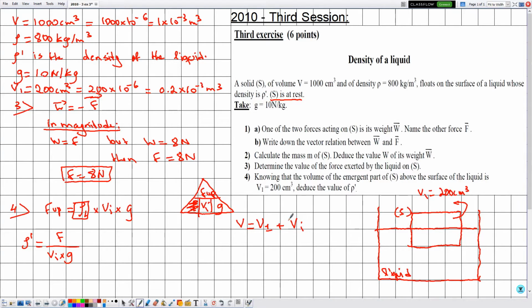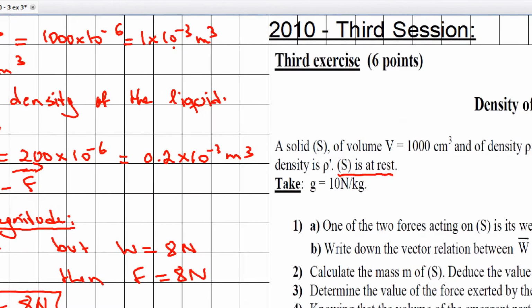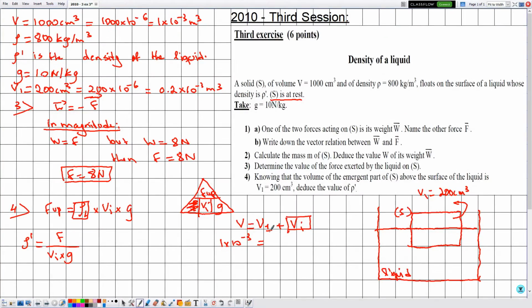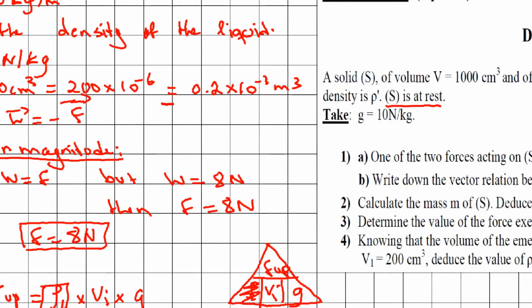We are interested in determining the volume of the immersed part. So the volume V is given by 1 times 10 to the power minus 3 in the SI, and the volume V1 is given by 0.2 times 10 to the power minus 3 plus Vi. So this is the volume of the emergent part.